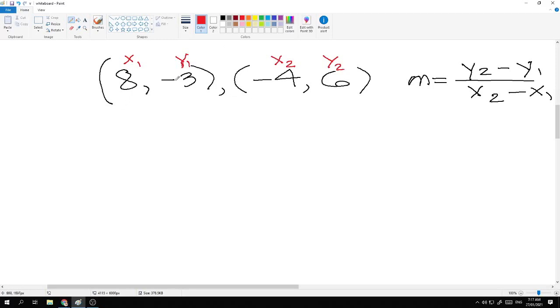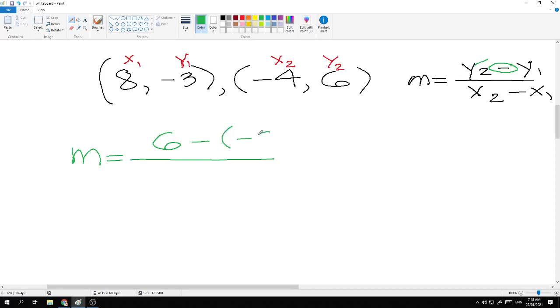Now, let's substitute everything in our formula. So the slope is equal to, what's the value of y sub 2? Negative 4. Minus, take note, the operation is minus.